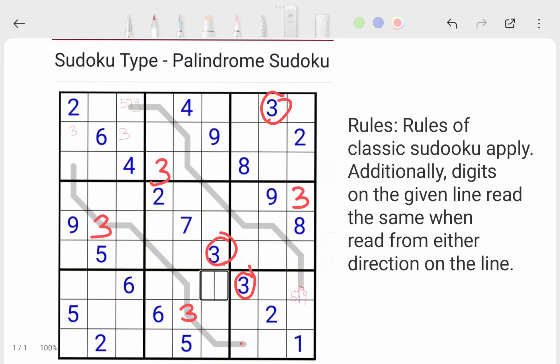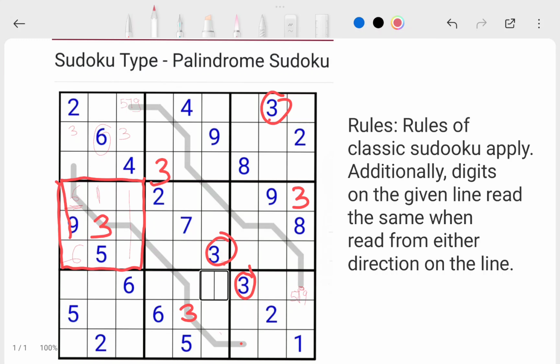Now see box 2. We cannot place 6 in these two cells. 6 is not possible here. So 6 will come either here or here. But if we are placing 6 in this cell, let's check the palindrome rule.